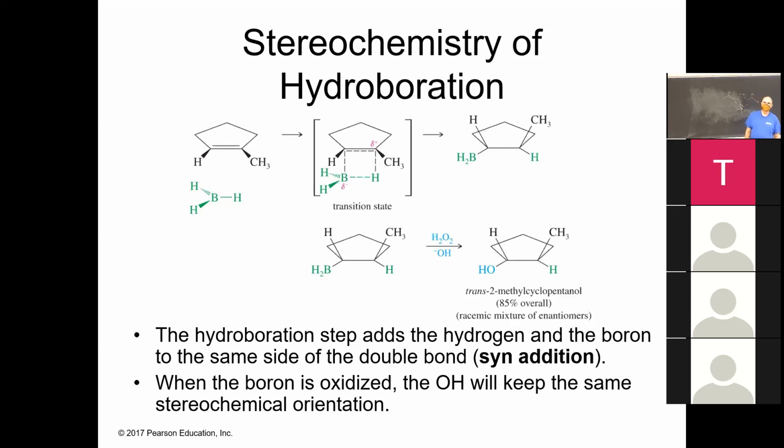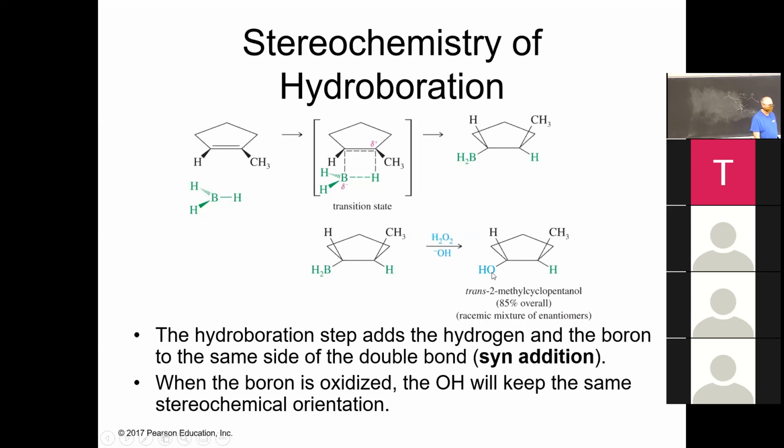Hydroboration is also stereoselective. That is, we get a particular stereoisomer. And the stereoisomer that we get is the one in which H and OH are added to the same side. So BH2 and H are added to the same side. They're added cis or syn to each other.